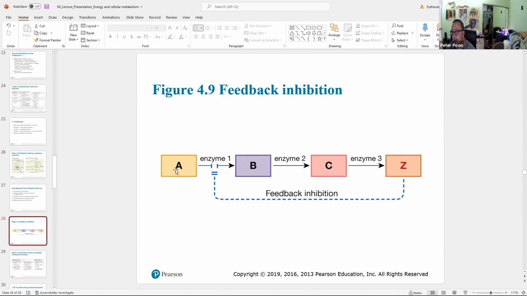So A is now able to turn into B, B is able to turn into C, and eventually you get more of Z. Then you have enough of Z, and you inhibit A, and now this pathway no longer works. So this pathway only works when you don't have enough of Z. So you always want to make just enough of Z to get by.